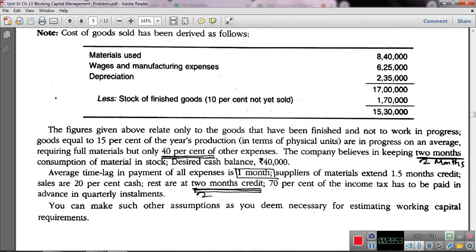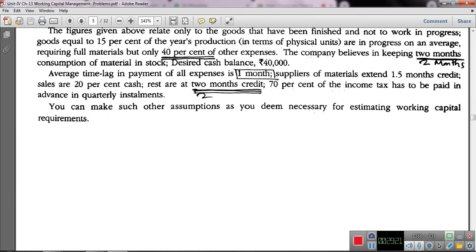So 10% not yet sold. Total depreciation is 2,35,000 for all the units, and for 10% of units, or 10% finished goods, it is 2,35,000 into 10 divided by 100. Or you can also do 2,35,000 into 0.1, which is equal to 23,500.